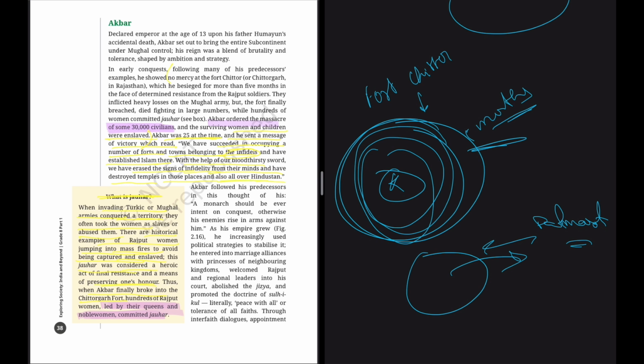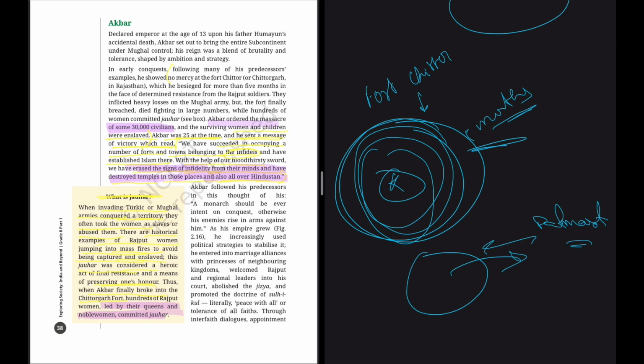So he sent a message of victory which read as follows: we have successfully captured the forts and towns belonging to those who are not Muslims, we have established Islam there, and we have erased the signs of infidelity from their minds and destroyed the temples in those places and all over Hindustan.